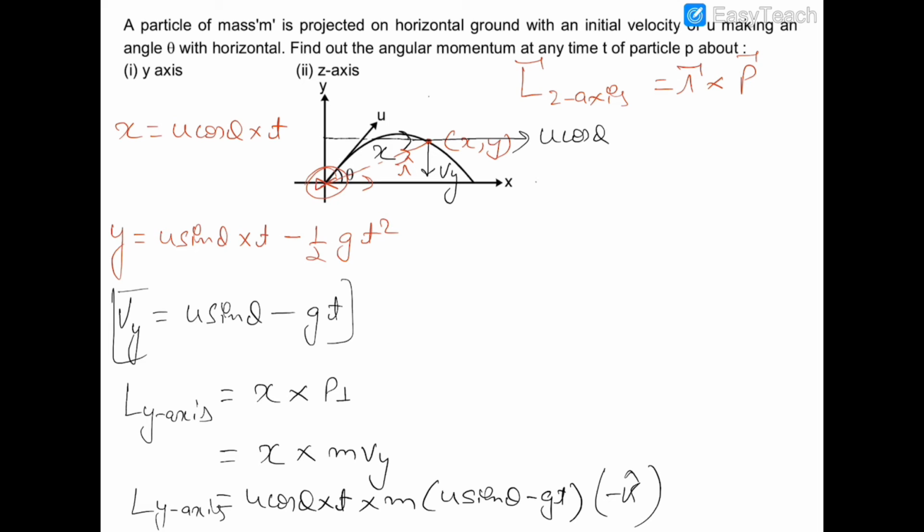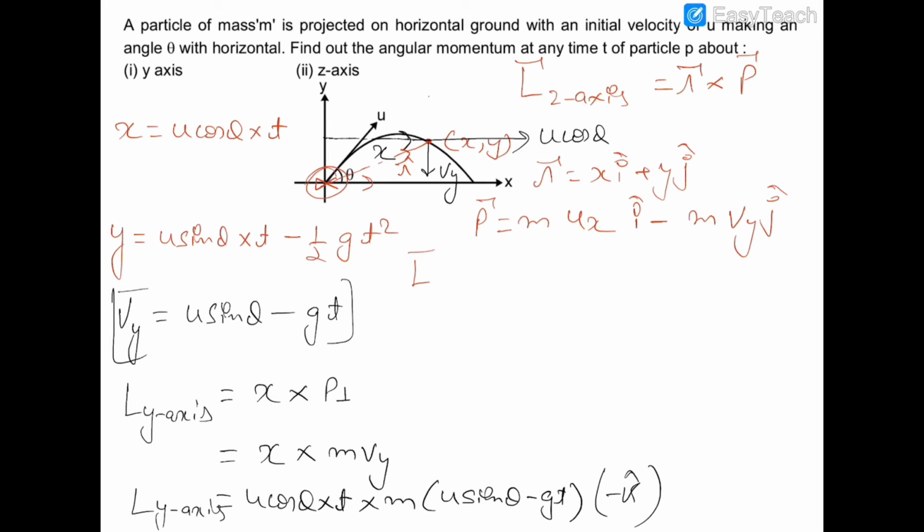So the r vector is x i cap plus y j cap. I have already calculated x and y, and the p vector will be m into u cos theta i cap minus m into vy j cap. Let us write this as ux, in fact. So this is the p vector.